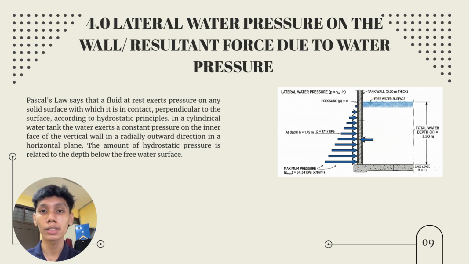So our engineering design is directly influenced by this distribution, which means the wall of 0.2 meter must be structurally capable of handling the highest lateral force at the bottom, where the biggest pressure occurs. Any fluid storage system's security and stability depends on our capacity to control this behavior.